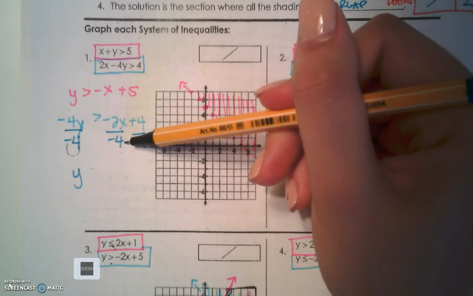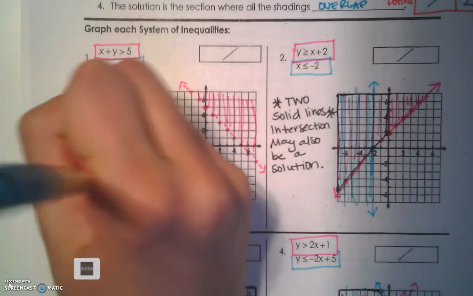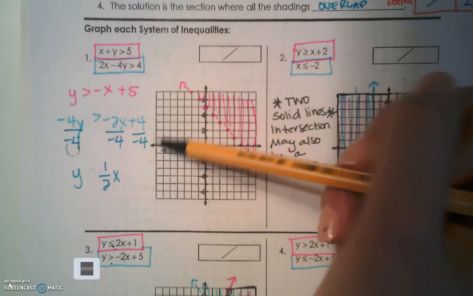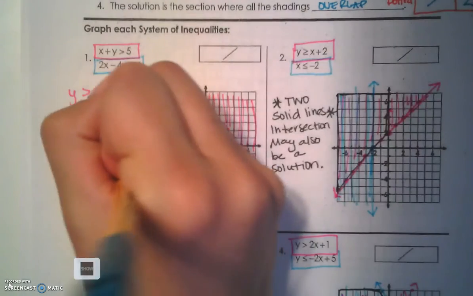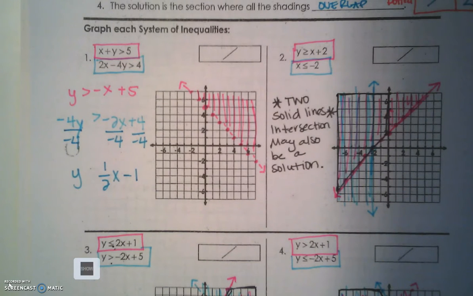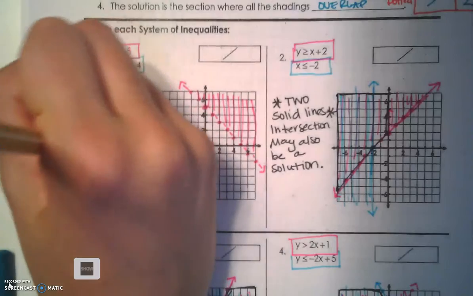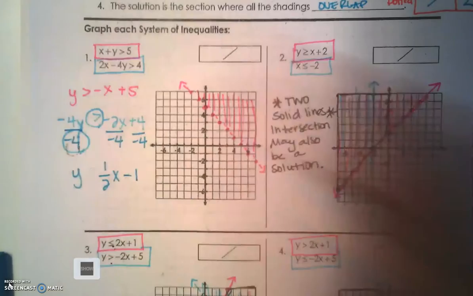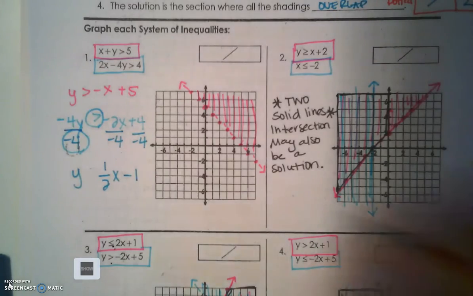That becomes positive and reduces to 1/2. Negative 4 can go into 4 negative 1 times. Now, why didn't I write my inequality sign down yet? That's because I've divided by a negative. So what should I do with this sign? I should flip it.